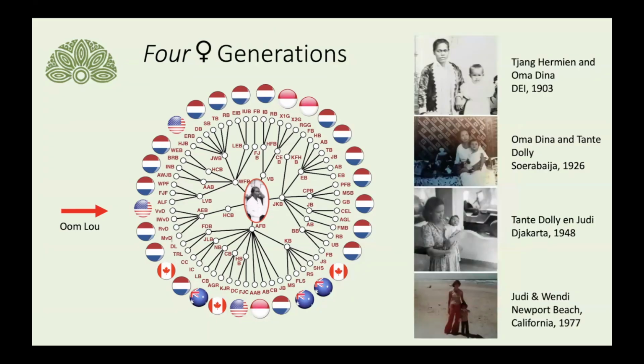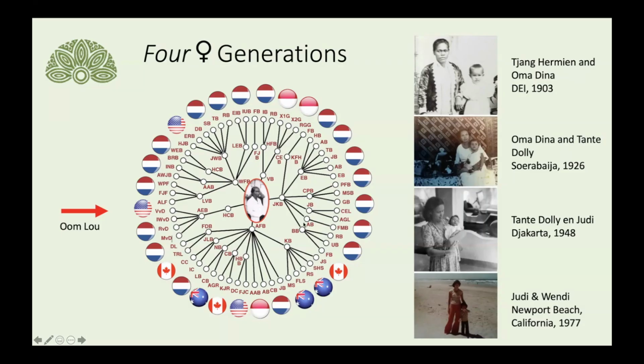Okay, so this is by way of introduction. This is a sneak preview of one of the coming webinars about our foremothers, and I'm showing it just because I couldn't resist. This is the same branch of my oom Lou, my uncle Lou, who ended up in the United States.